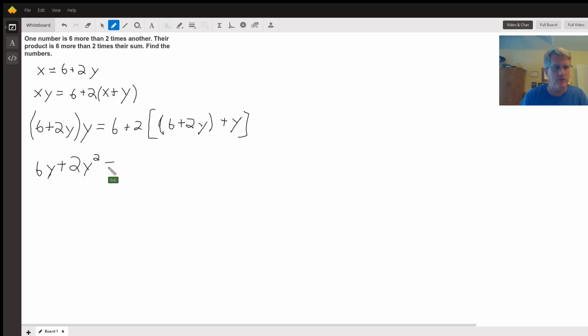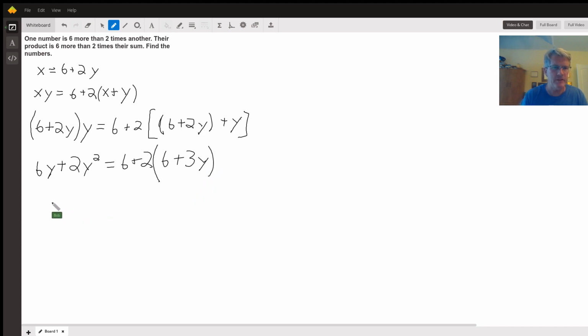And that will be equal to 6 plus 2 times the quantity, and we just combine like terms, which gives us 6 plus 2y plus y is 3y.